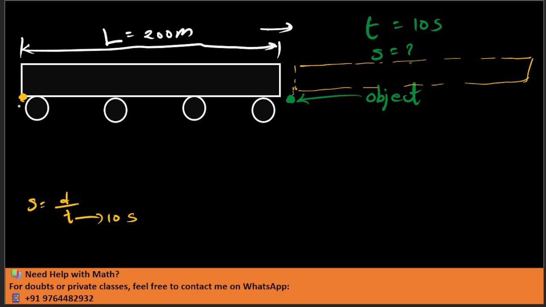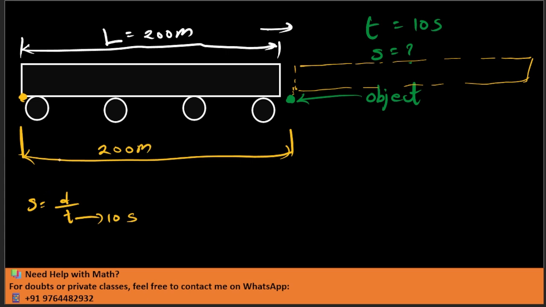So if I take this point as a reference, and this point has traveled from here to here, how much distance has this point traveled? It has traveled this length, and this length is equal to the length of the train, that is 200 meter.